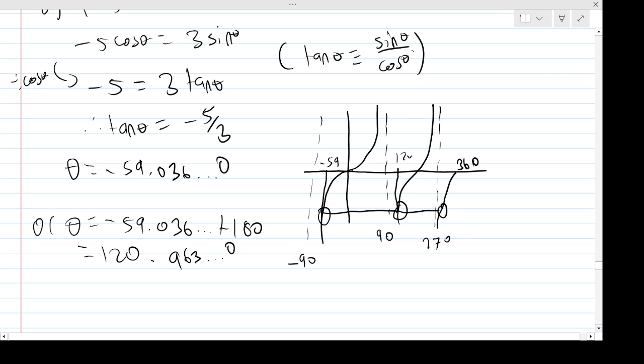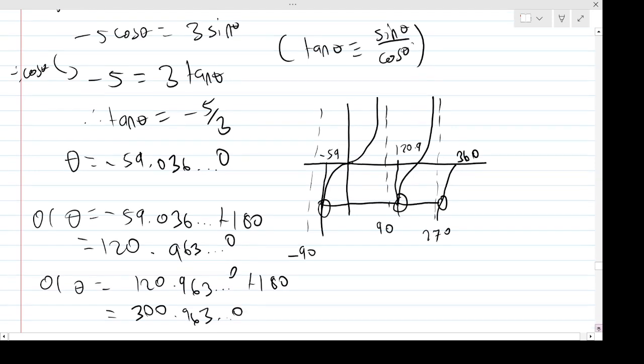The graph repeats again, so I need to add another 180. This solution plus 180 gives the next solution, 300.963 degrees. And that's all the solutions between 0 and 360.